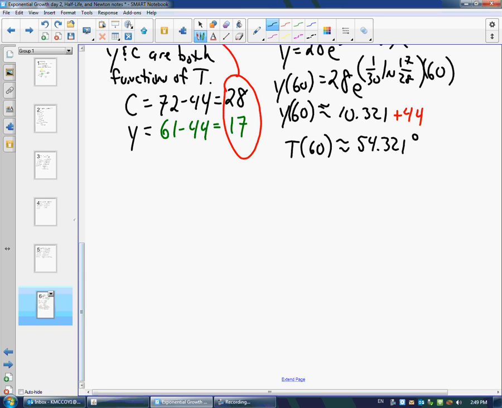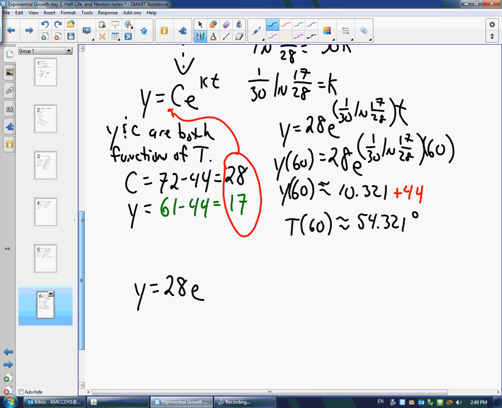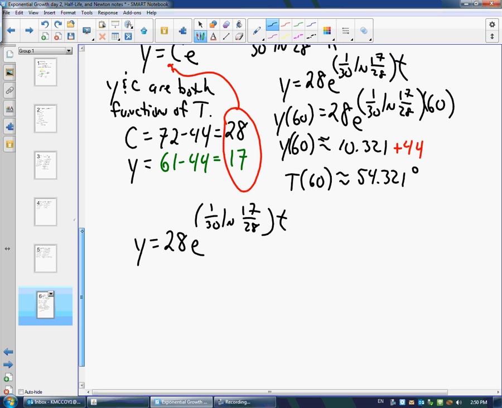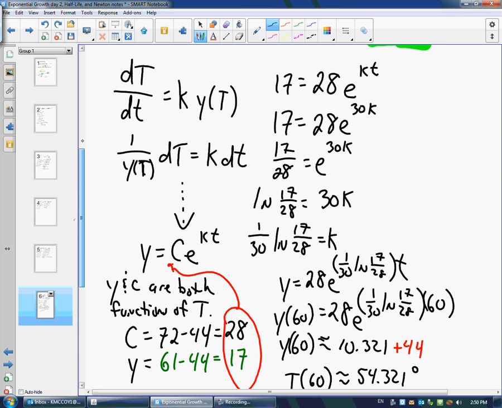So this time we're going to go back to the original equation, which was y equals 28 e to the 1 over 30 natural log of 17 over 28 times t. We are now solving for t. The question is, how long does it take for the can to get to 50 degrees?